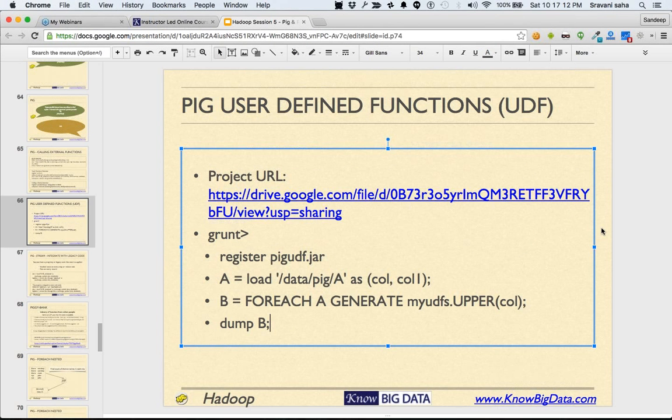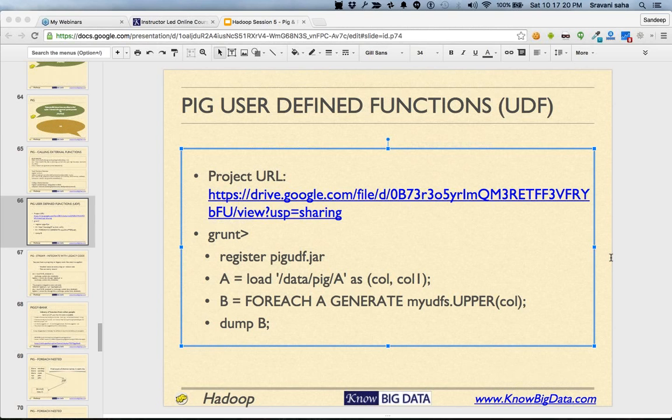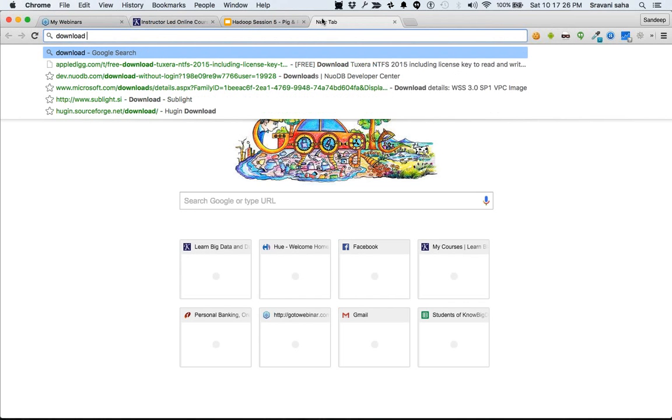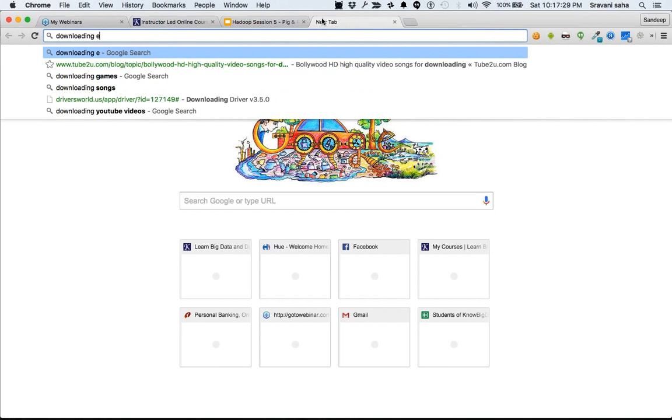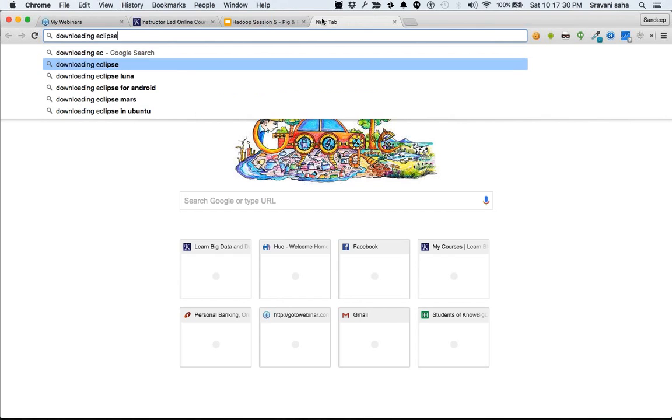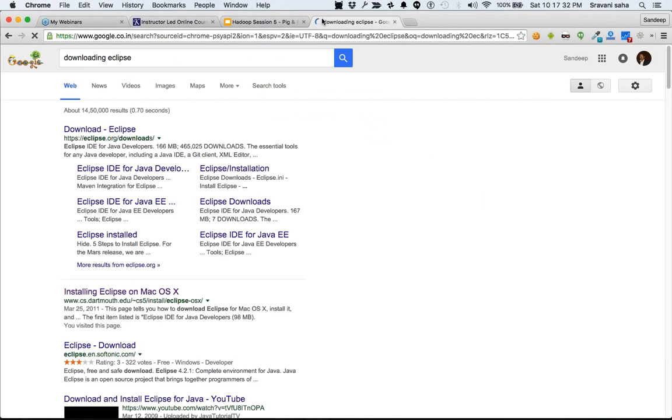Sounds good to you? Sridhar is saying, I tried to download Eclipse, but it is giving an error. So what kind of error are you getting while downloading Eclipse? Generally, downloading Eclipse is very straightforward. You can download either the Java EE version or the Java development version.